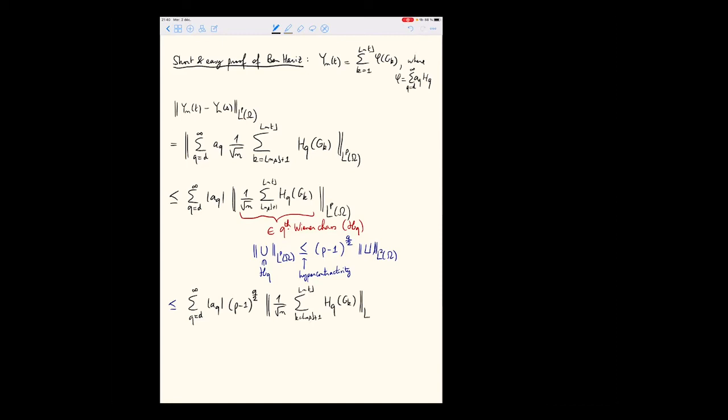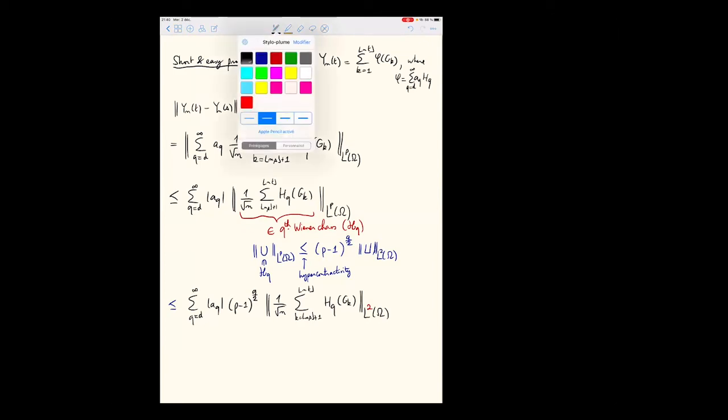So here, when I have the L2 norm, let me put it in red, this is something I can really easily compute. I won't compute it because it's not the purpose, but trust me, this is easy to compute.